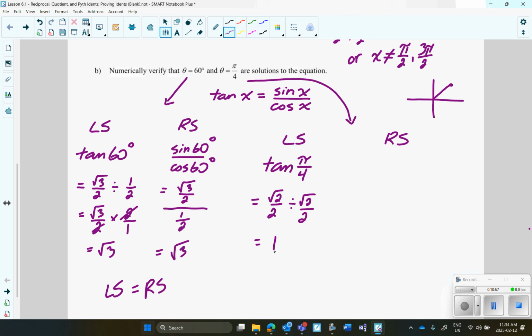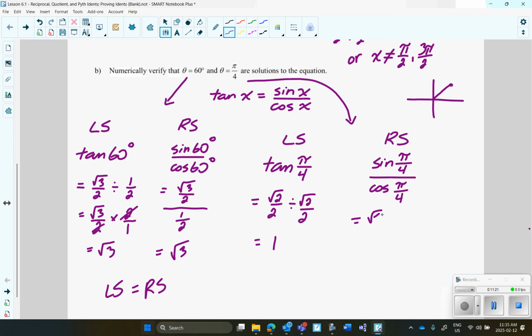So that means when I do the sine of pi over 4 divided by the cosine of pi over 4, it should give me 1. What's the sine of pi over 4?